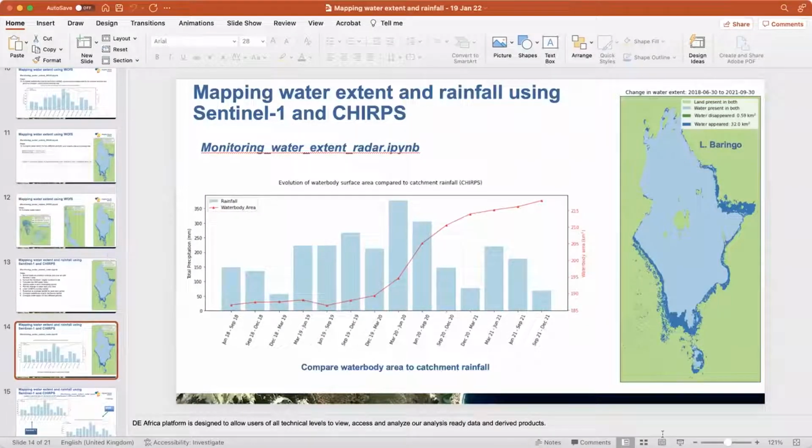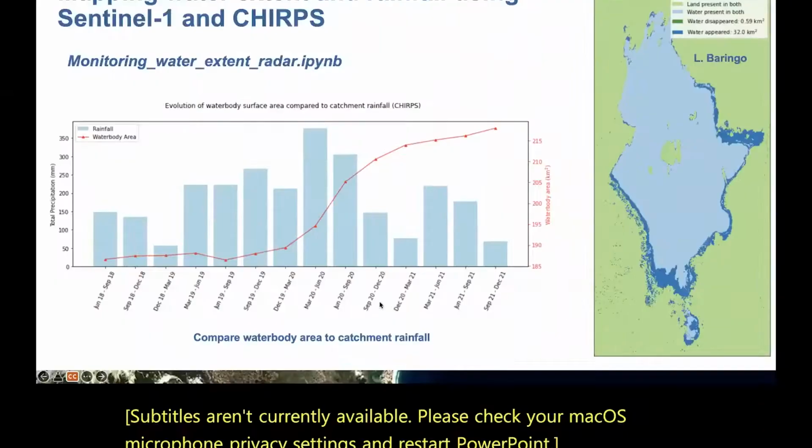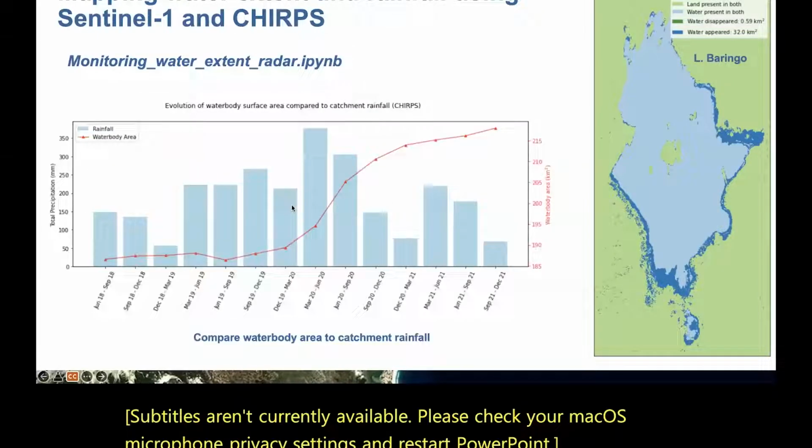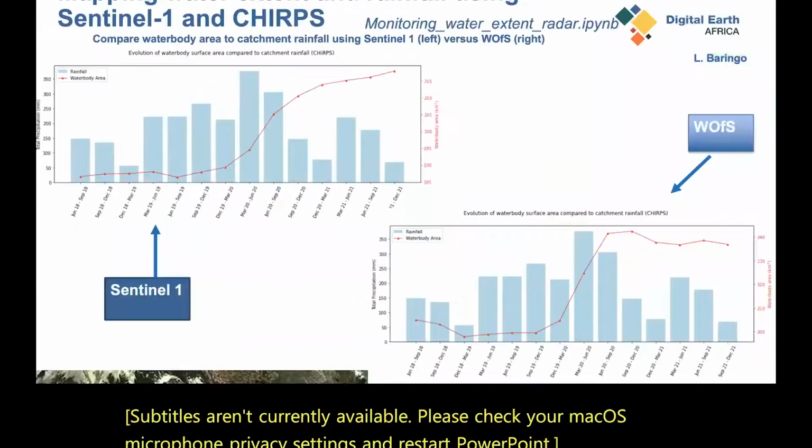So this again is the example of Lake Baringo, now using Sentinel, and you can see it was quite variable. We can also compare this with the final results. On the left, I have Sentinel-1, and the other one is water observation from space. One thing noted by most of the scientists is that the peak of the curve is quite interesting.